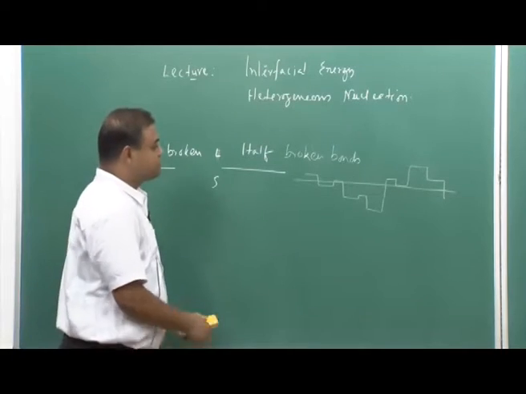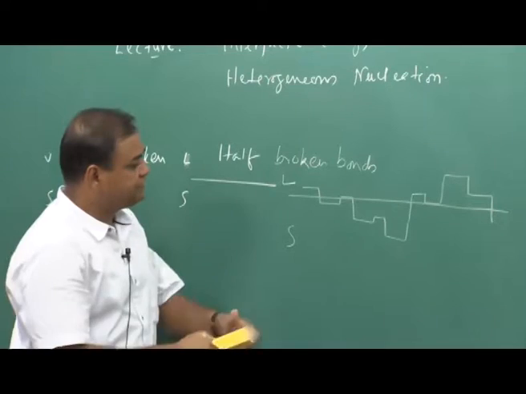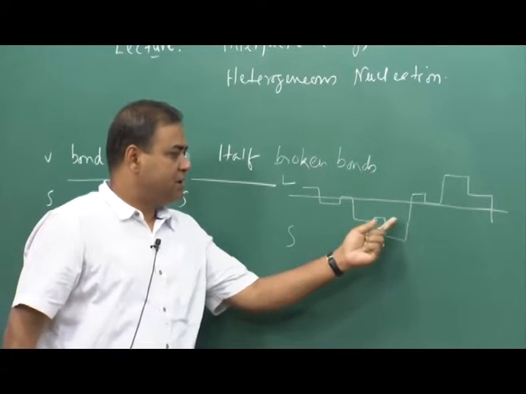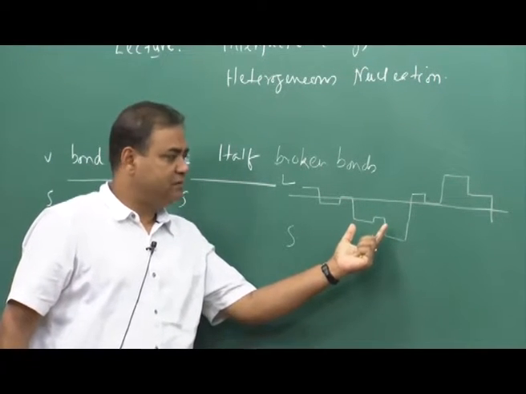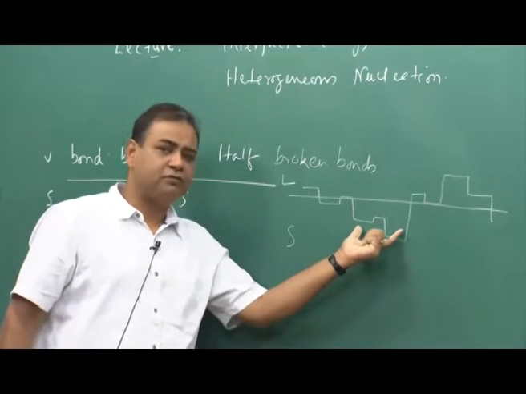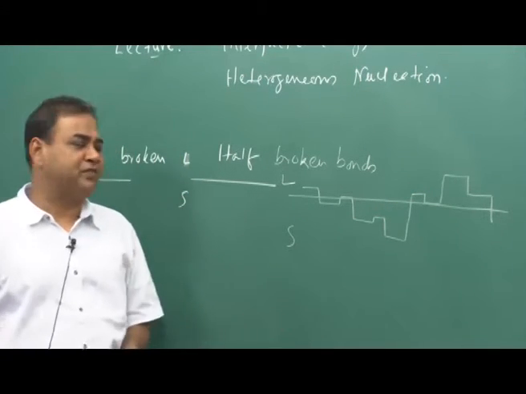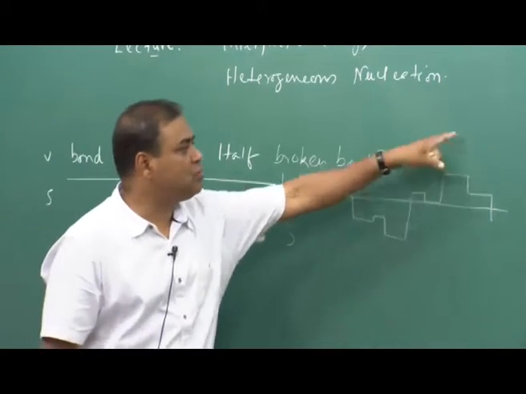In some portion, if this is the solid surface, this is the liquid surface, some of the atoms in the solid have gone into the liquid phase, giving rise to this trough, and in some cases, some of the portion could not break open from the solid surface and could not go to the liquid.